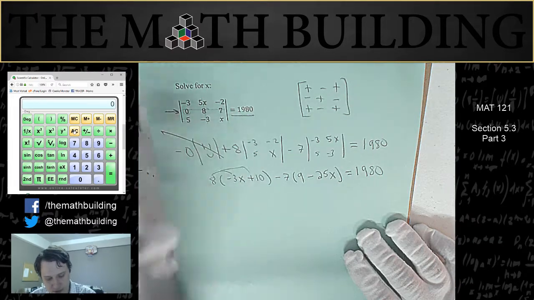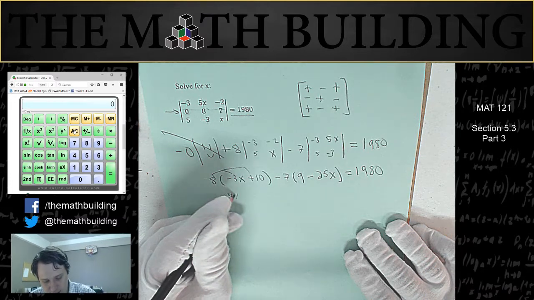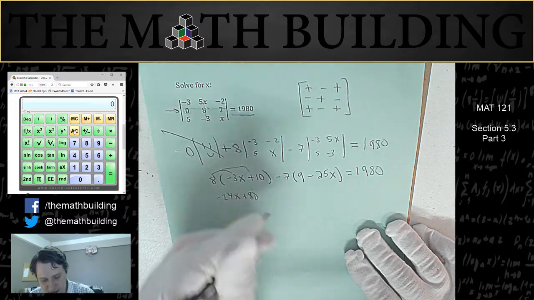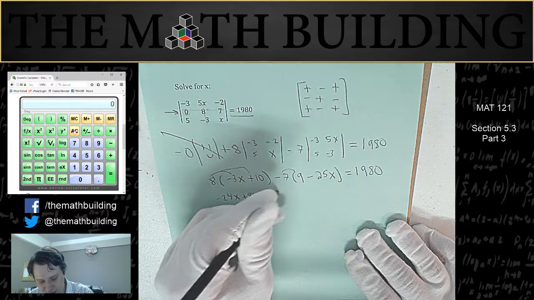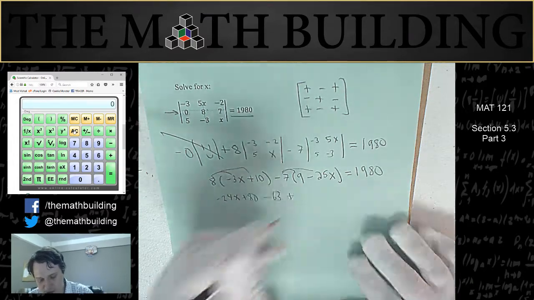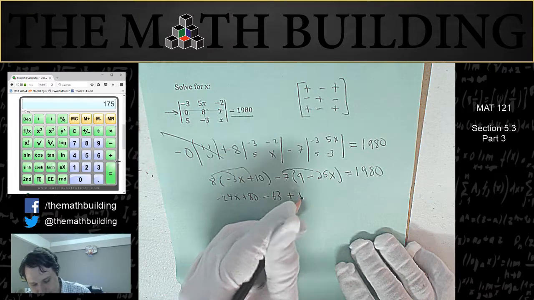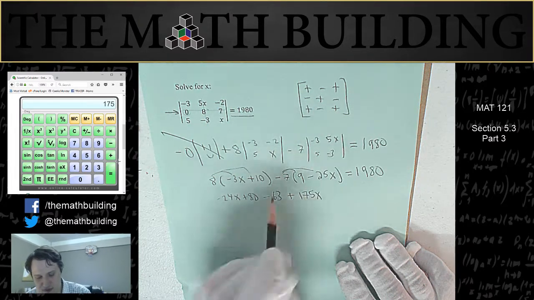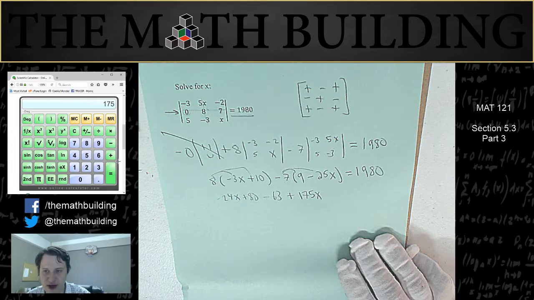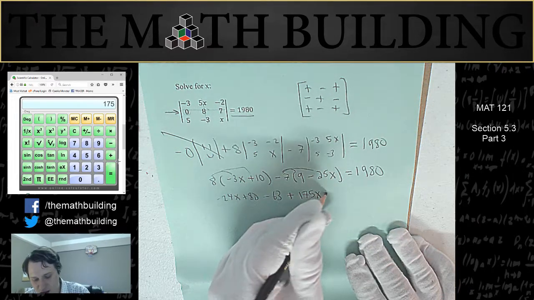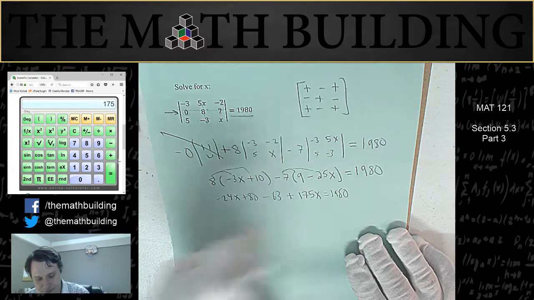So distribute negative 24x plus 80 minus 63 plus 25 times 7, which I think is 175. Yep. Negative 7 times negative 25 is 175x. All of that equals 1980.